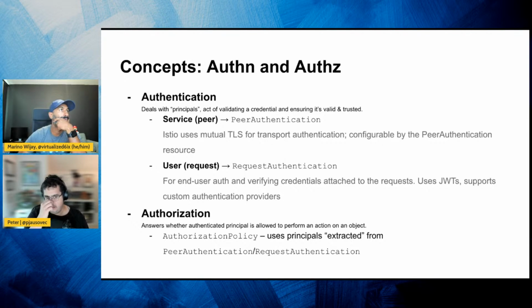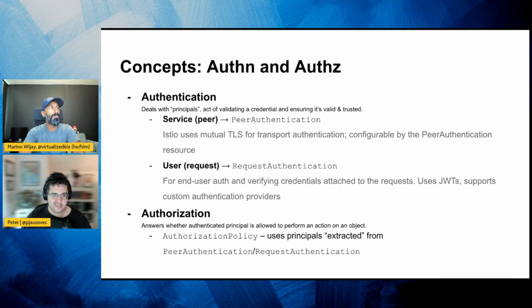So can this service make a GET request on the /API path, right? That would be something that you can control and configure with authorization. But the answer to who that service is would come from the authentication. The authentication would tell you what that service is, right?